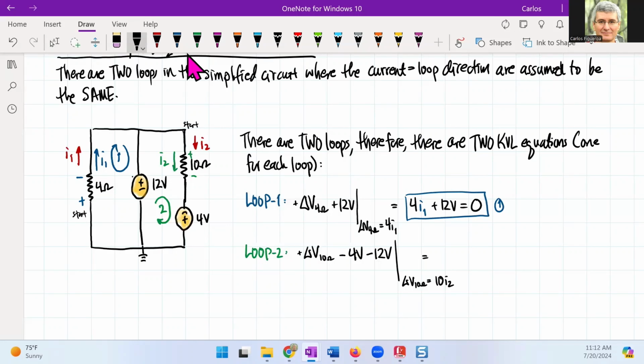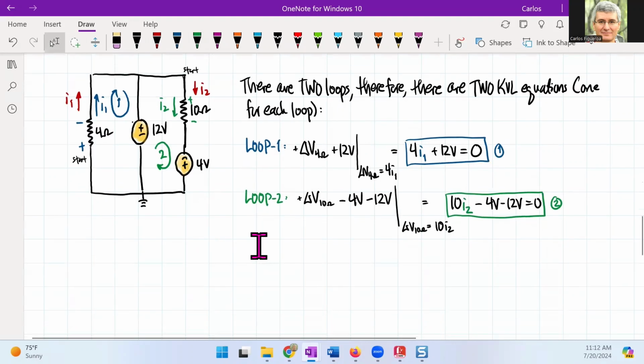So if I plug that in, I'm going to get 10 I2 minus 4 volts minus 12 volts, and that has to equal 0. So that's my second Kirchhoff voltage law. So I have 2 equations. Now, these are very simple equations.